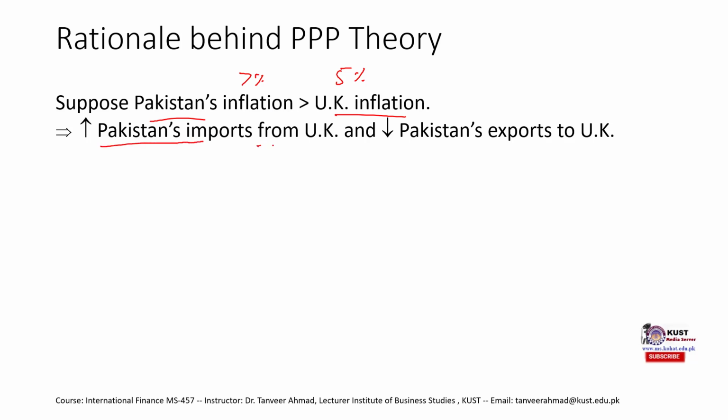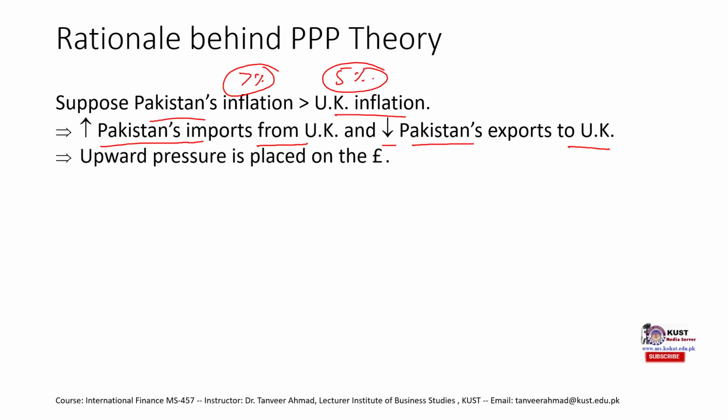Pakistan's import of UK products would increase because now UK products are cheaper. And because Pakistani products are expensive for UK citizens, Pakistan's export to the UK would decrease, right? This would put an upward pressure on the pound, because if we import from the UK, we would need to buy pounds to pay them.